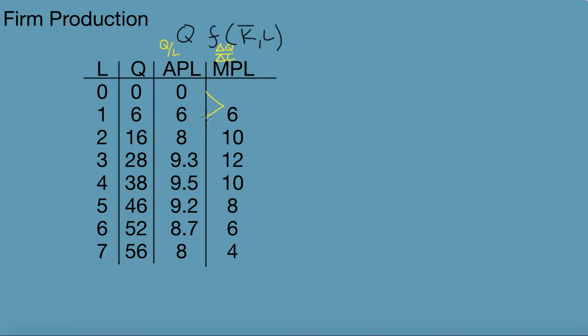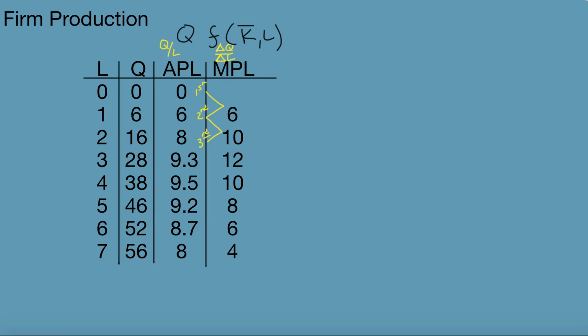So the change from 1 person producing 6 units to 2 people producing 16 units would be an increase of 10 units. So the marginal product of labor is actually the change from the first worker to the second worker, and from the second worker to the third worker.